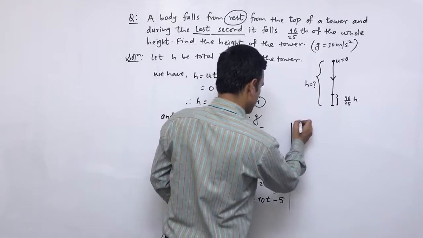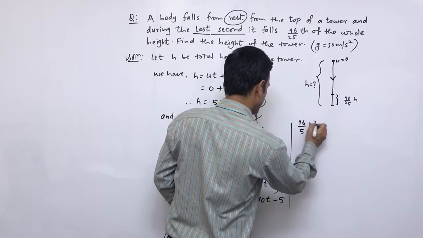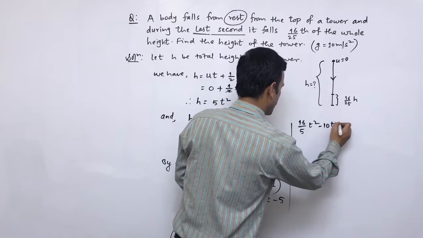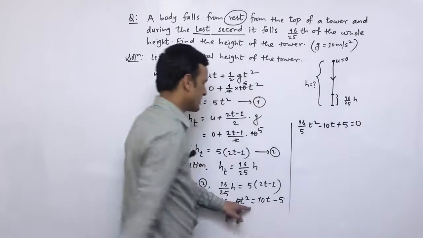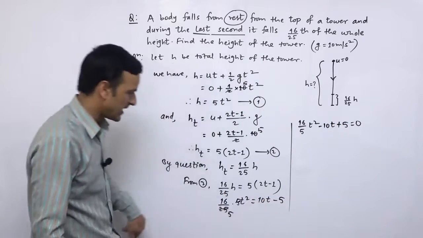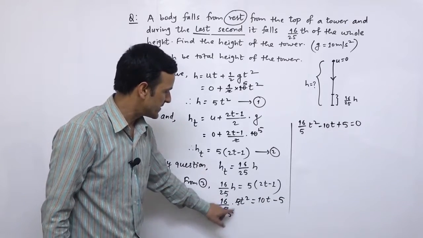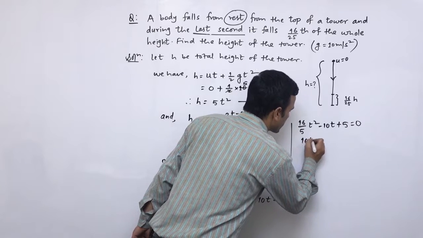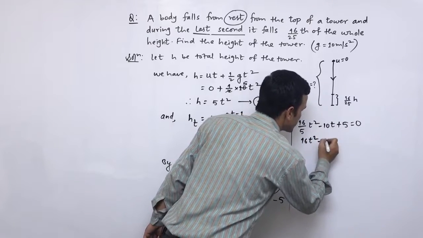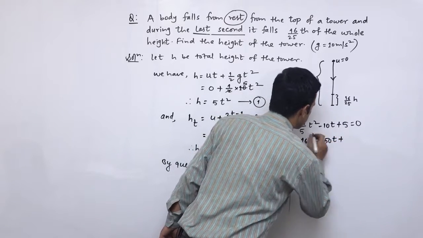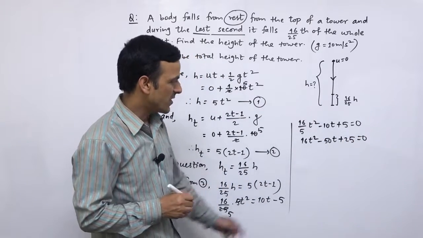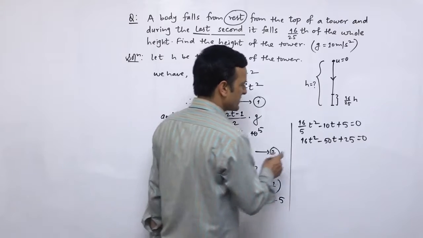Look at here. 16/5 t square minus 10t plus 5 is equal to 0. So 10t र 5 पनि यतै ल्याउँ is equal to 0 गरौँ. 16/5 t square. So if you take LCM, then 5 tens are 50t, plus 5 fives are 25, is equal to 0.